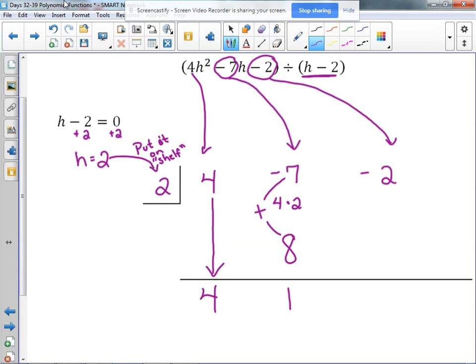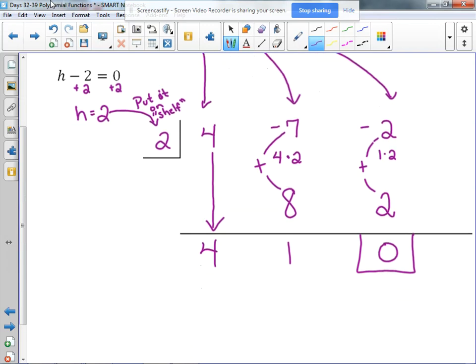Then we repeat the process. Multiply the number that's under the line by the number that's on the shelf. So 1 times 2, and that is 2. And so then we add. Negative 2 plus 2 is 0. The last number, when you get to the end of the line, the last number, you always box in that number.